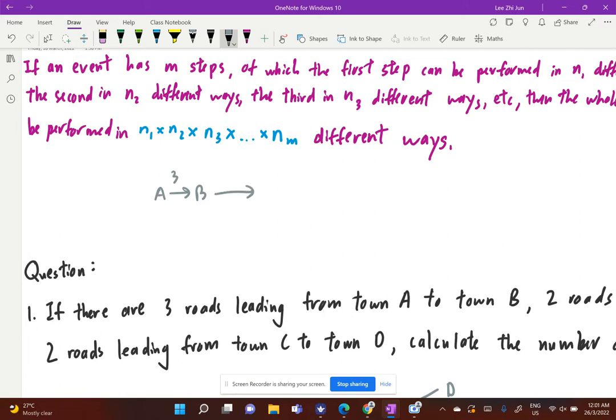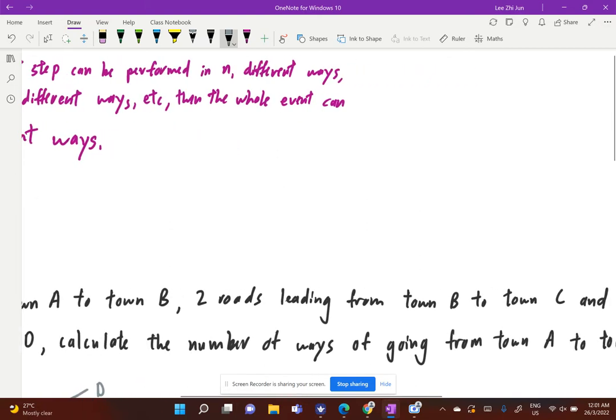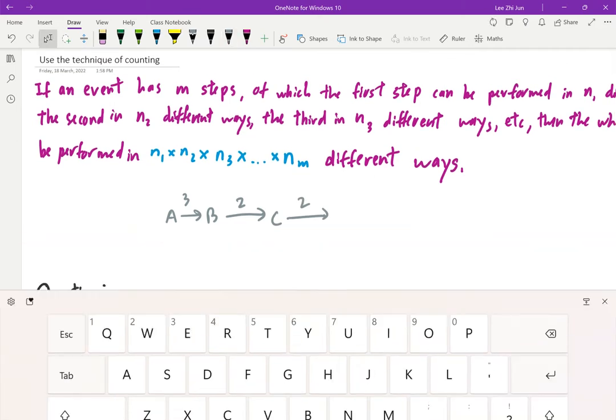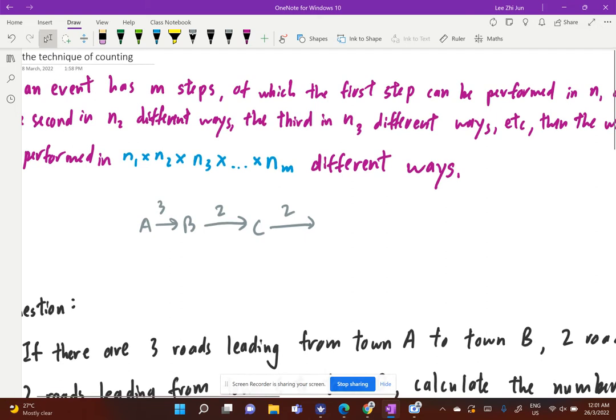Town B to town C, there are two roads, and town C to town D is two roads. So by using the definition just now, n1 times n2 times n3 times many n.